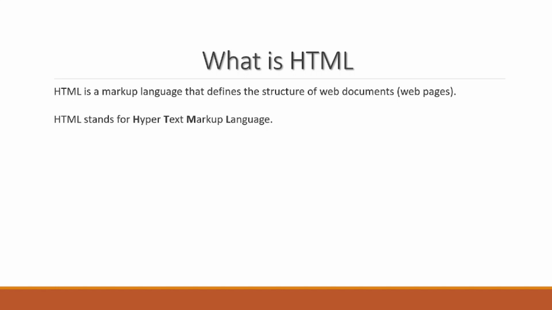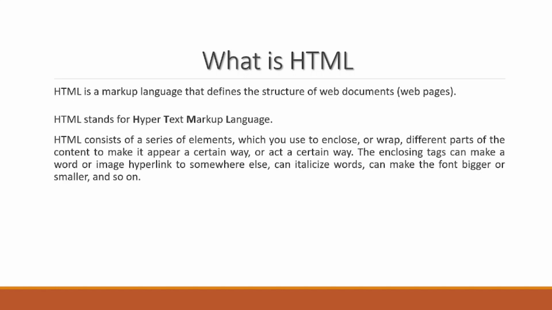Each and every character in HTML stands for a thing. The first one stands for hyper, the second stands for text, the third stands for markup, and the last stands for language. Whereby hyper can simply be referred to as format. So hypertext, format text, or formatted text.